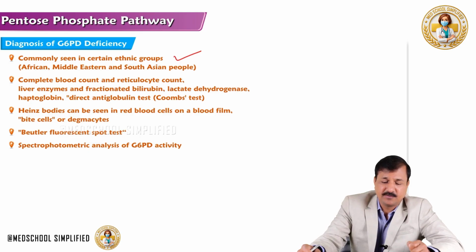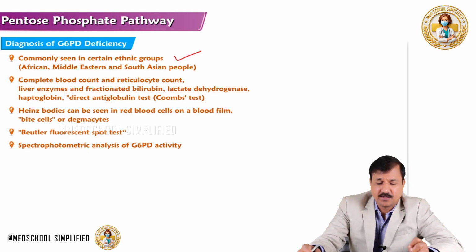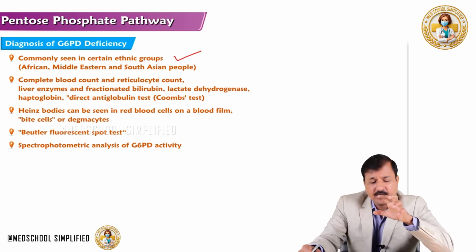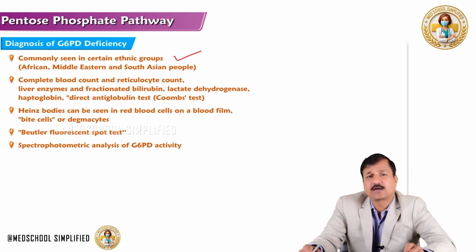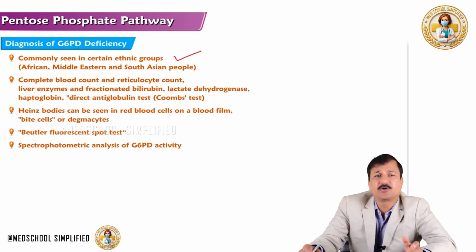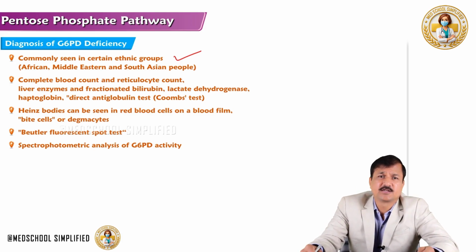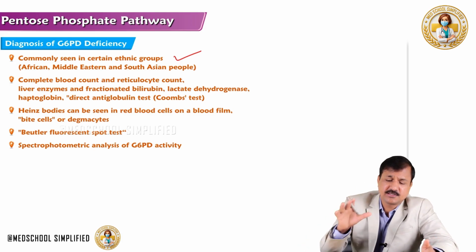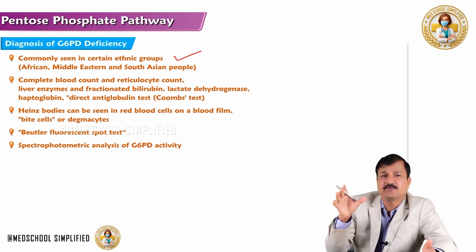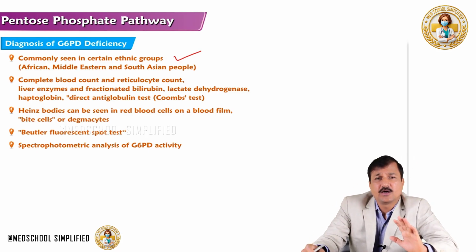So African, Middle Eastern, South Asian people showing a hemolytic crisis or hemolytic response upon consumption of fava beans, or upon exposure to infection, or upon exposure to certain drugs and chemicals where hemolysis will be going on. So that type of classic history we have to look into whenever we deal with a hemolytic crisis or hemolysis following sudden infection and triggering events.